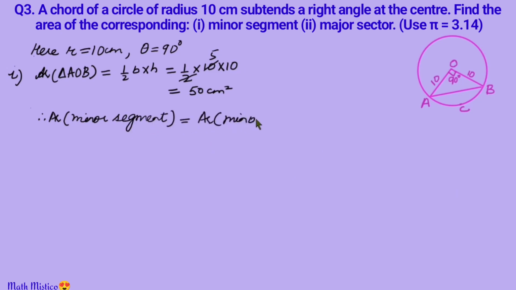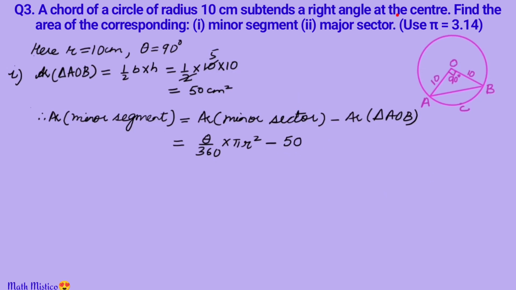So area of minor segment is equal to area of minor sector minus area of triangle AOB, which is equal to theta upon 360 into pi r square minus 50. As the value of pi is given as 3.14 in the question, we will have to use this value only. So 90 upon 360 into 3.14 into 10 into 10 minus 50.